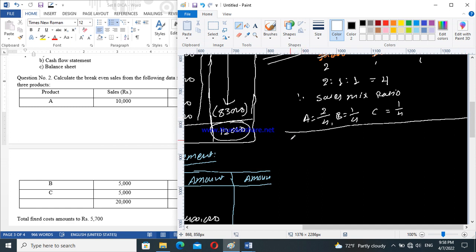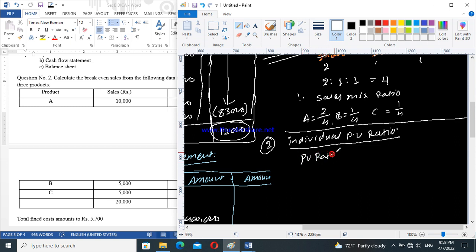Individual PV ratio, second step. Individual PV ratio you can calculate.